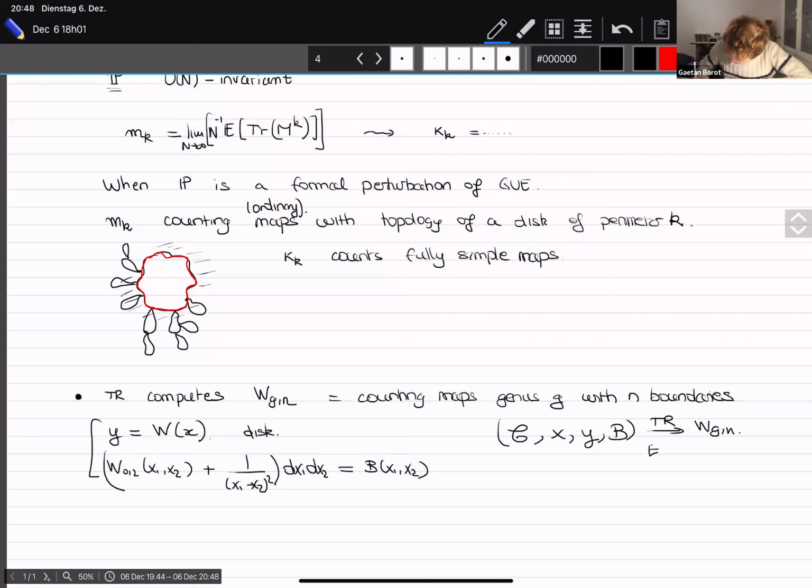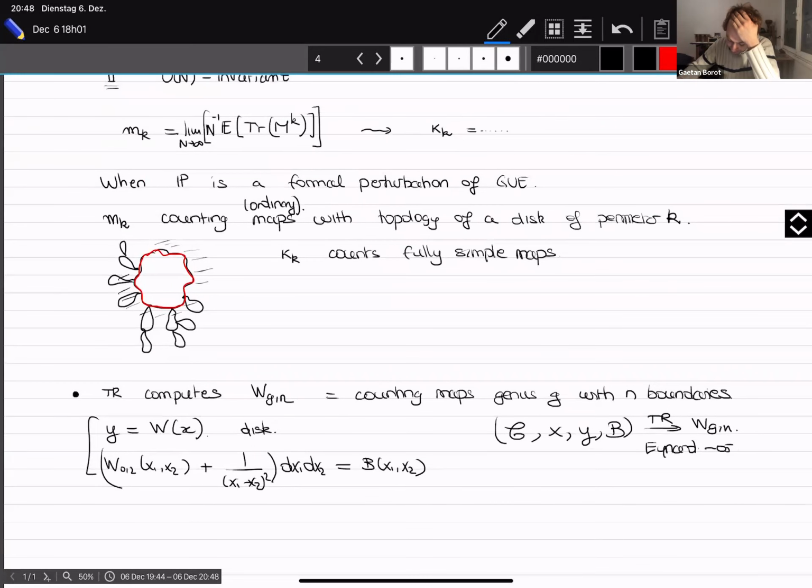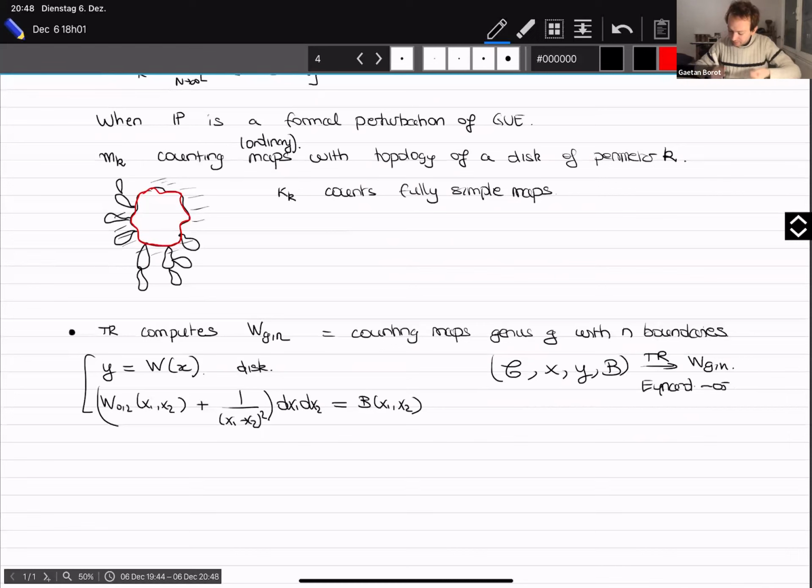That's the result essentially of the inner. So we're thinking, okay, now if I exchange x and y, I know that for this, I'm counting something else. I'm counting fully simple maps. Could it be that when I apply TR to the spectral curve with x and y exchanged, and then the same B, because that's how symplectic invariants work, the same Bergman kernel?